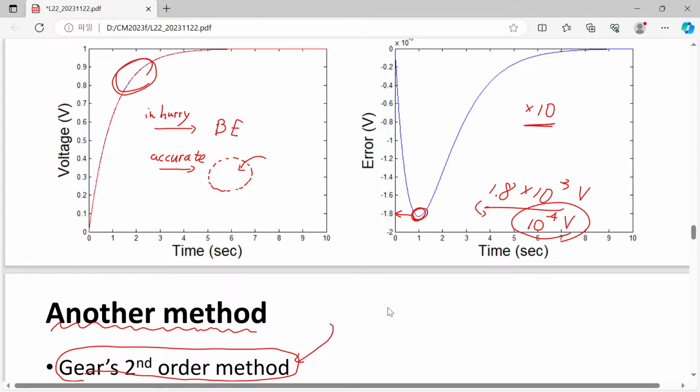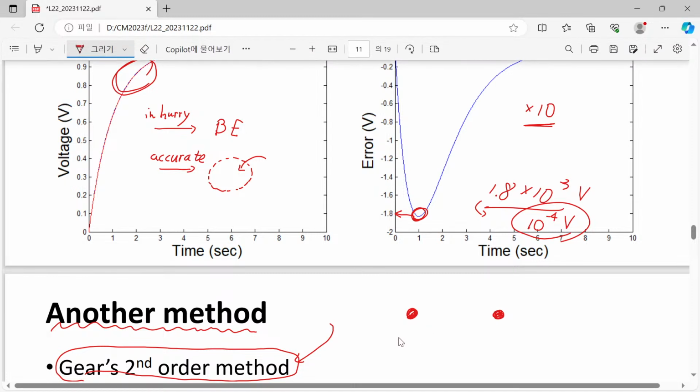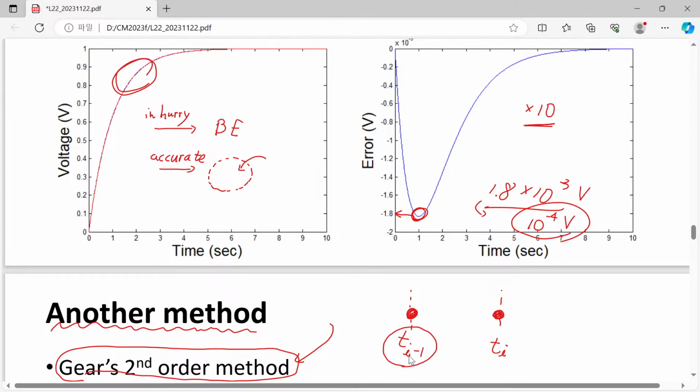I don't want to go too deep into this topic, but what they do in reality, starting from the previous past time value to this new time value, is introduce a certain intermediate step.